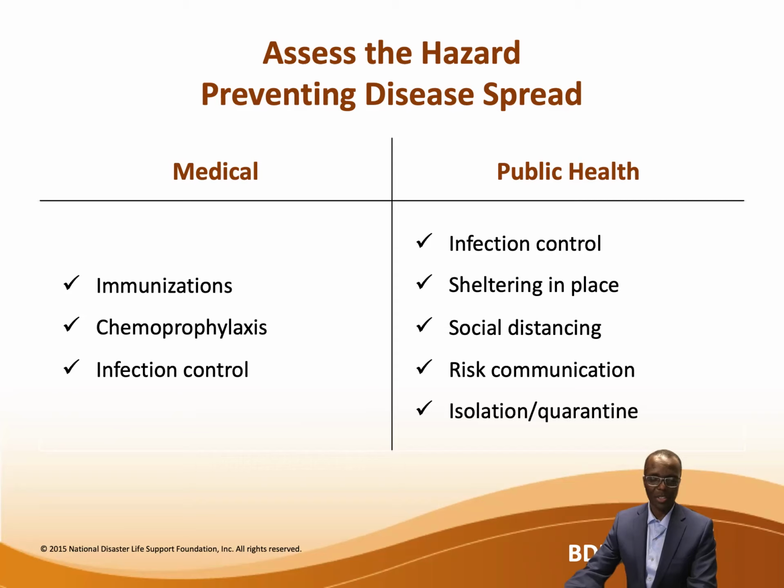Public health interventions are arguably the most important to preventing secondary spread and also include infection control, sheltering in place, social distancing, risk communication and isolation, and quarantine.